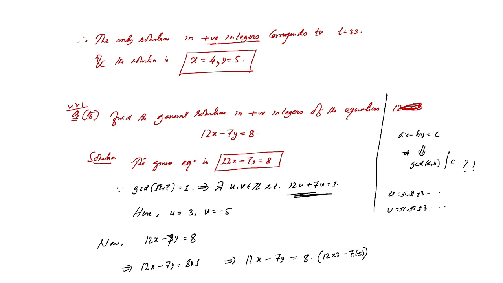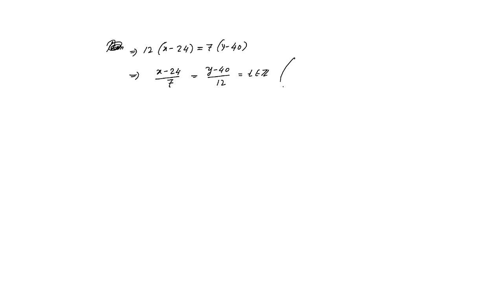Okay. So now we just separate the variables. The x comes to the left side and y will move to the right side. So 12 into x minus 24 equals 7 into y minus 40. That implies x minus 24 by 7 equals y minus 40 by 12, and that is also an integer t belonging to Z. Why an integer?